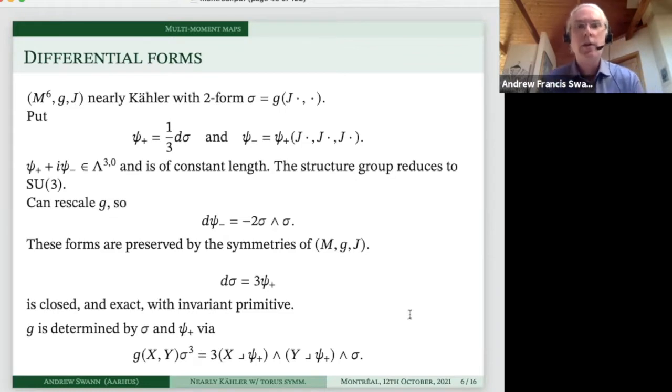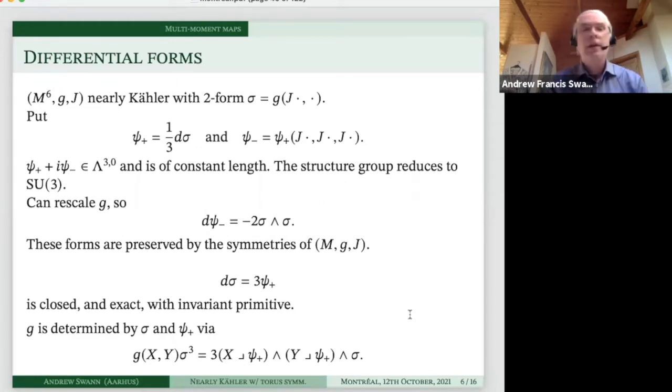You contract X into psi plus, and contract Y into psi plus. That gives you a couple of 2-forms that you can wedge together and wedge onto sigma, and that gives you the metric times the volume form up to a numerical factor. So this is a nice compact formula.